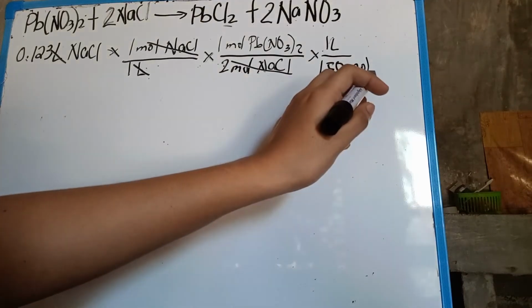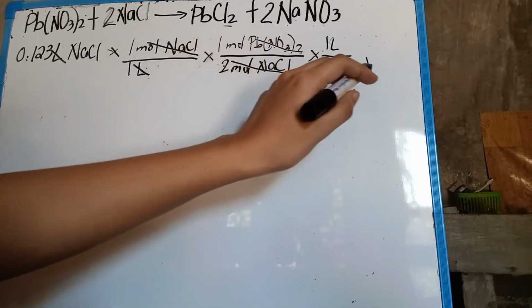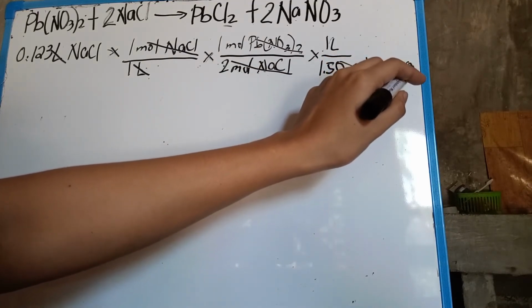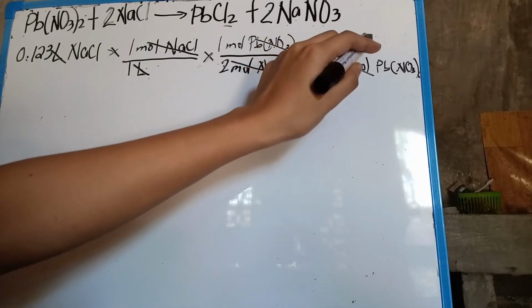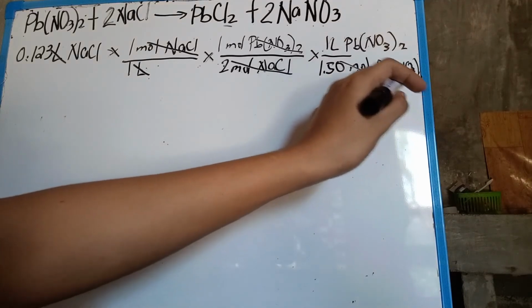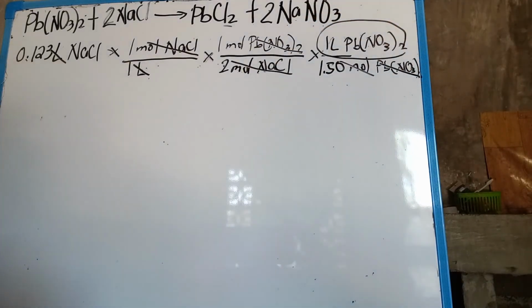So we can now cancel out the mole. Pb(NO3)2 here and Pb(NO3)2 here also, so one cancels out.